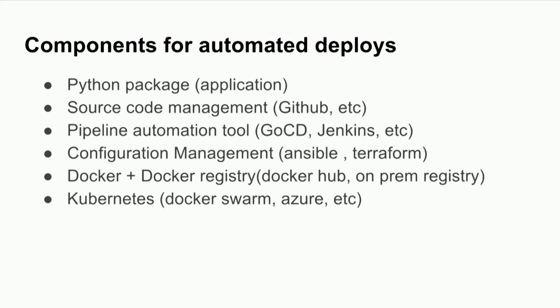So at Vevo, we propose these kind of tools, and that's what we use. As I showed before, it's a Python application. We use GitHub for our source code management, but it doesn't matter because you can script anything you prefer.